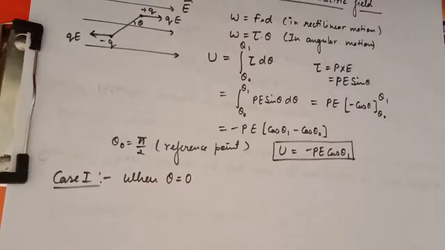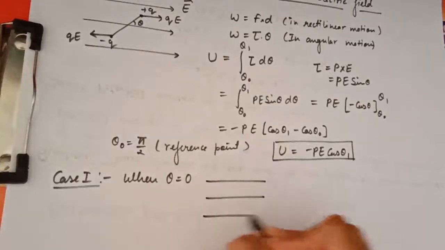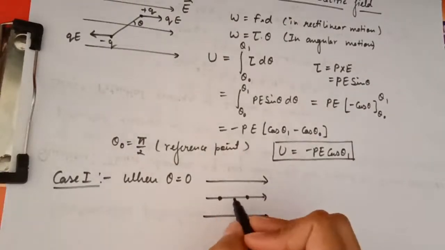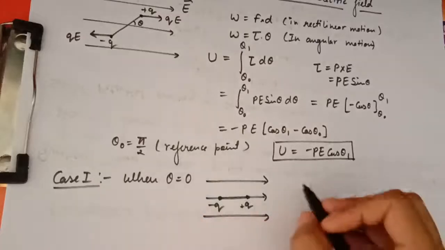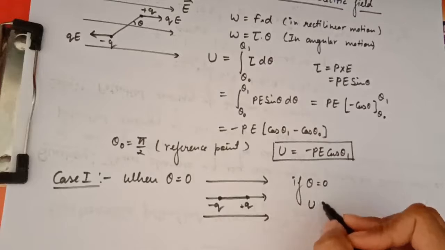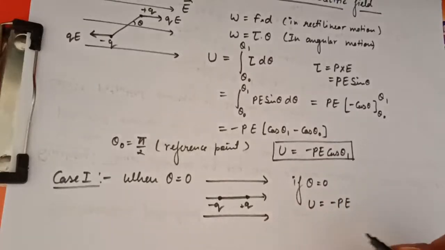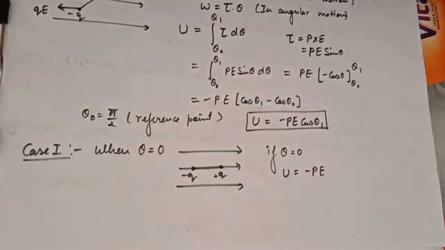Case number 1, when theta is equal to 0, means the dipole in a uniform electric field lies in this way. If this is your dipole, so this will be the position of the dipole when theta is equal to 0. If theta is equal to 0, U is equal to minus PE cos 0, and cos 0 is 1. So U is equal to minus PE when theta is equal to 0.